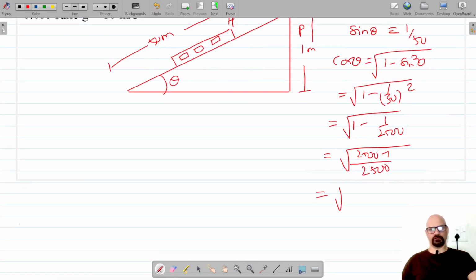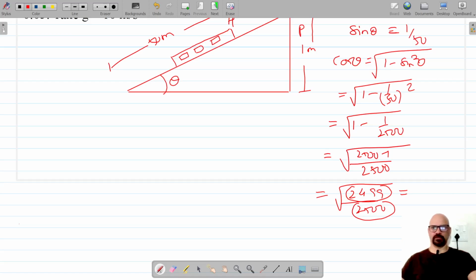So this is equal to 2499 upon 2500. So these two values are almost equal.